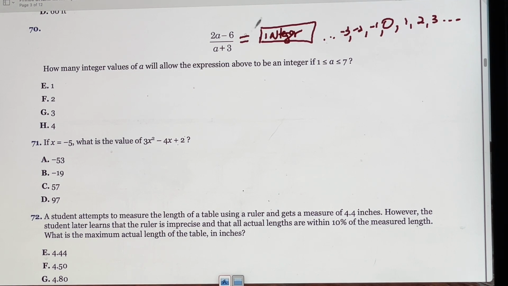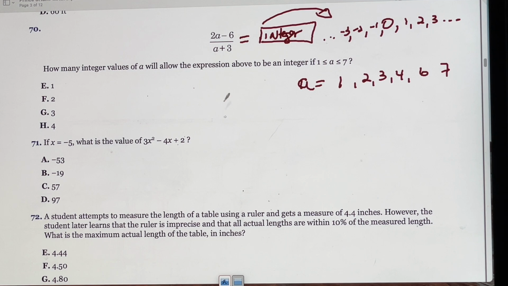So I need this answer to equal an integer. Here a is a number from 1 all the way to 7, and it can be equal to 1 and 7.